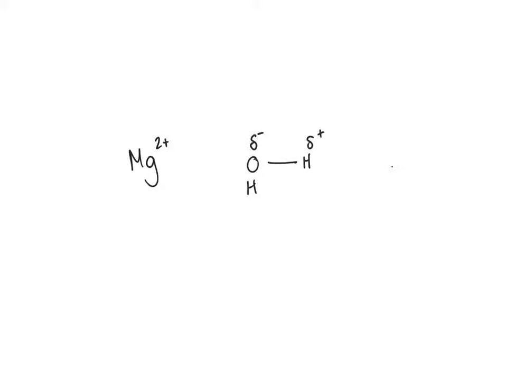So what the magnesium is doing is polarizing that. And so this bond here between the oxygen and hydrogen is lengthening until the hydrogen actually breaks off. Now we might think that it breaks off like that, but actually the electrons always move to the more electronegative atom. So the electrons move there.